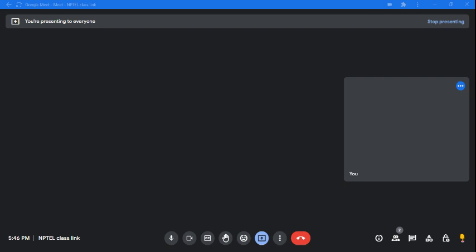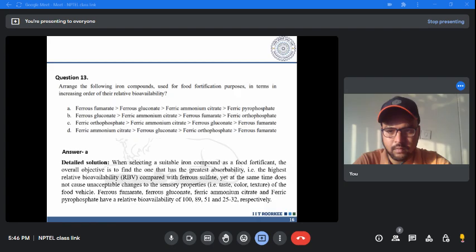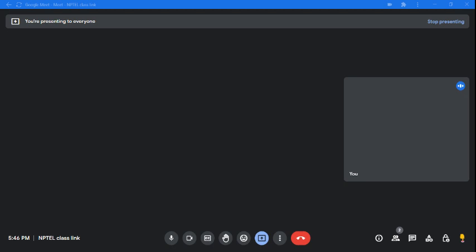The correct answer: ferrous fumarate has the higher value, that is 100, than ferrous gluconate, because the increasing sign has been given.